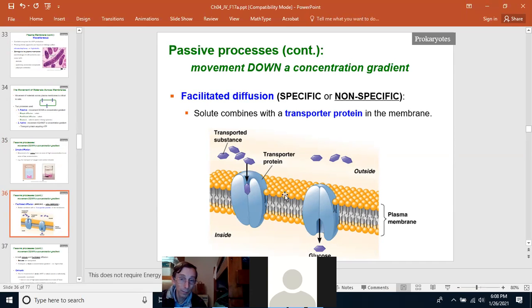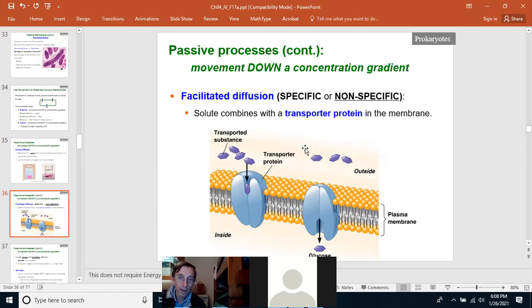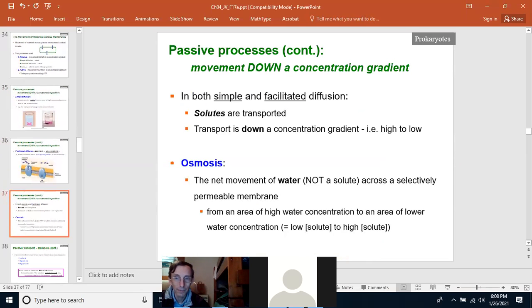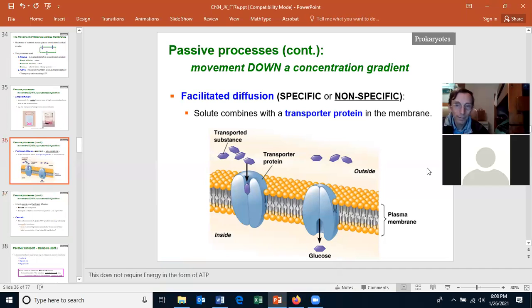And because the molecule is moving from areas of high concentration to areas of low concentration, we can move that into the cell without the expenditure of energy, because the molecule is moving by diffusion. And please try to remember this facilitated diffusion in terms of fructose, because fructose works always as a facilitated diffusion.